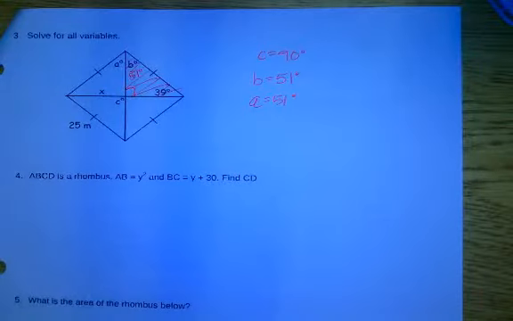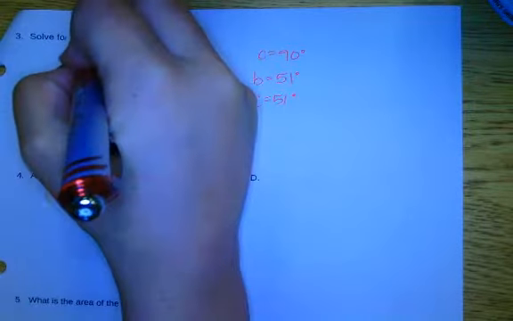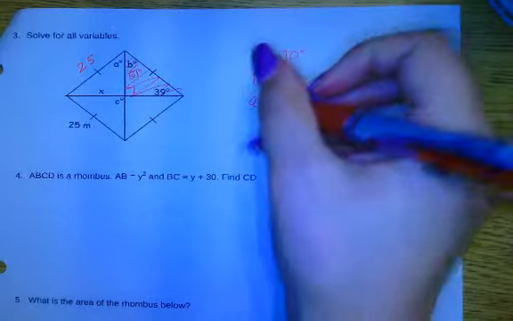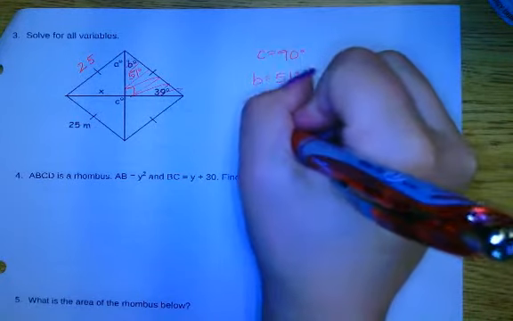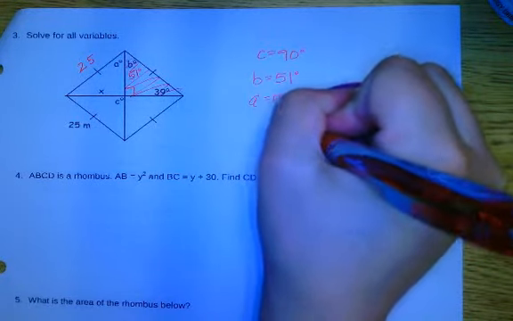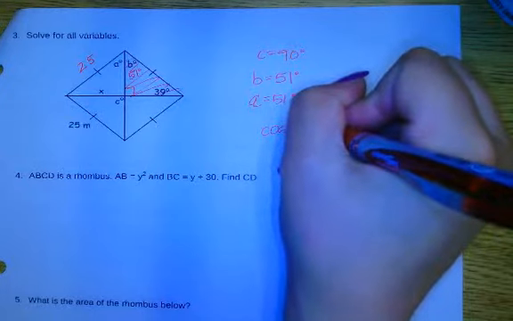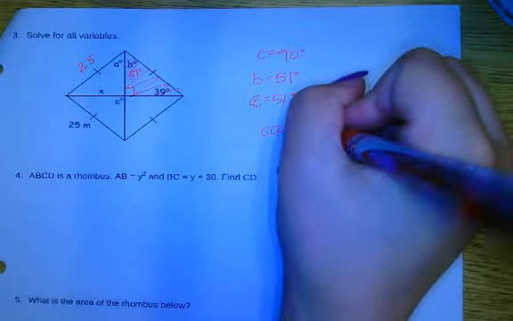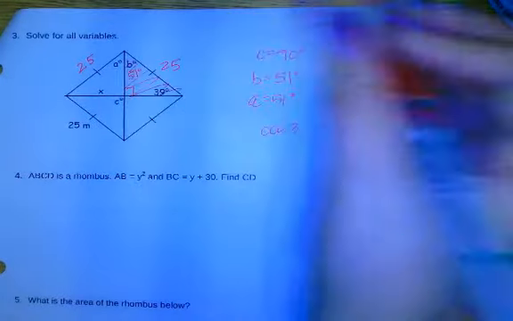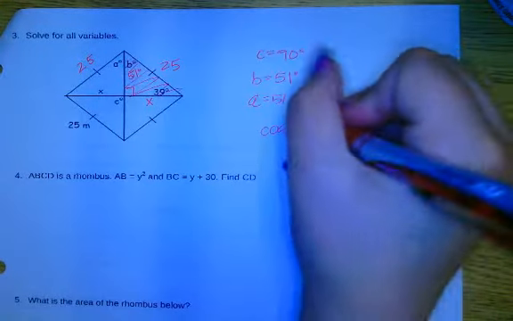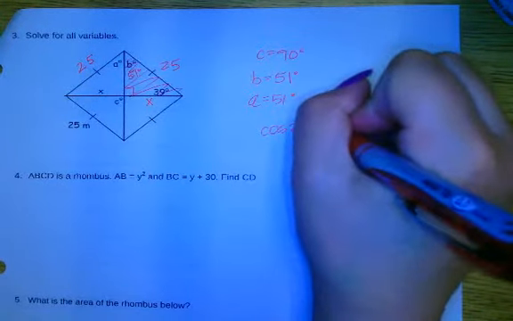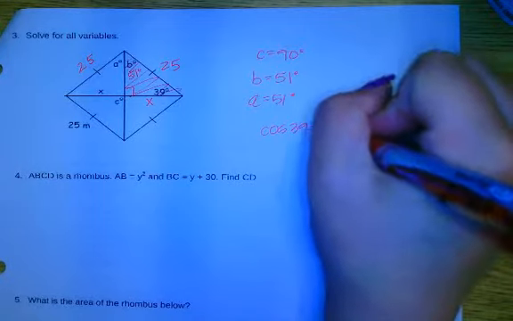How do you figure out what x is? Cosine of 39? Why cosine? Oh, okay, you're using this side? And this is x too? Okay, cosine of 39 equals x over 25.